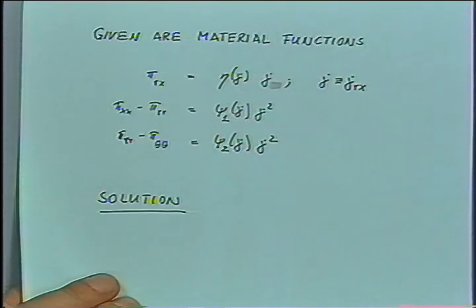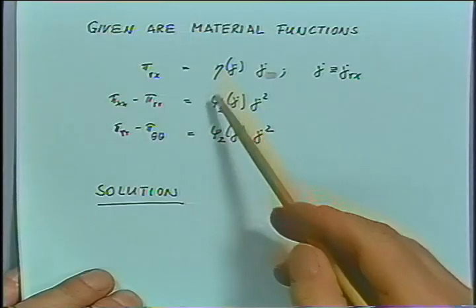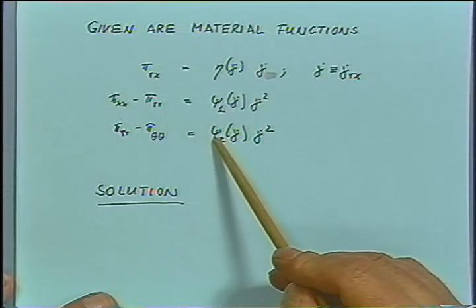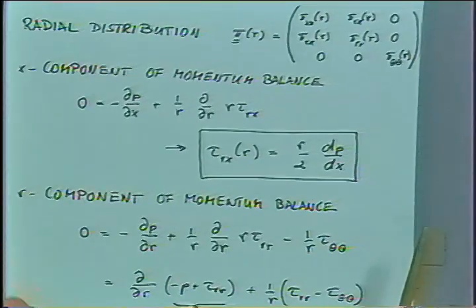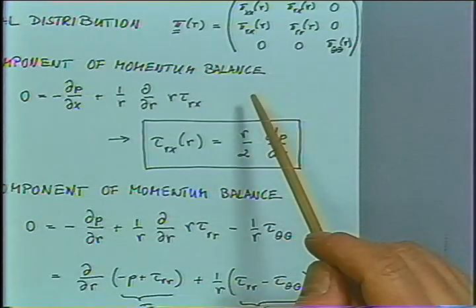Let's assume that somebody measured the 3 material functions for us. So we know already the viscosity, psi 1, psi 2. Those 3 material functions in steady shear flow are assumed to be known. So that's given, and we would like now to solve for the stress components. We would like to know the 9 components of the stress tensor.